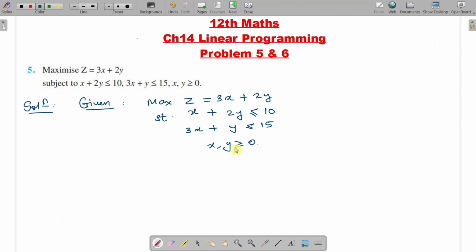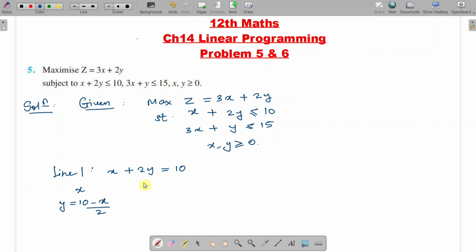Now we have to take the first inequality and write the line corresponding to it. That will be our line 1. So line 1 is nothing but x plus 2y equal to 10. Now we make the table for getting the line. y will be equal to 10 minus x divided by 2.